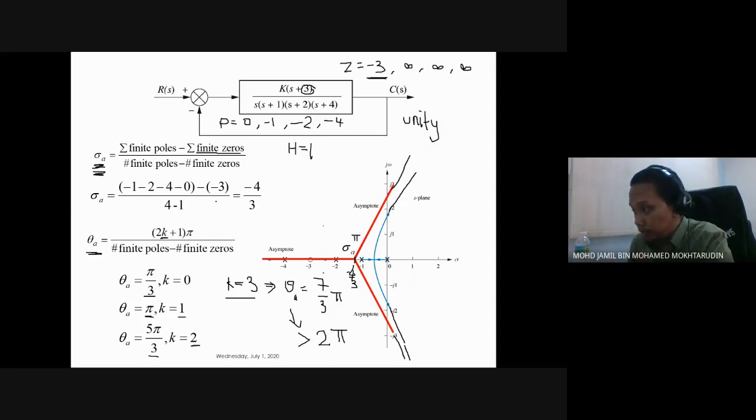For example, this blue line here, even though it's on the real axis and crosses the asymptote, it's okay. But these two lines here, the root locus cannot cross.